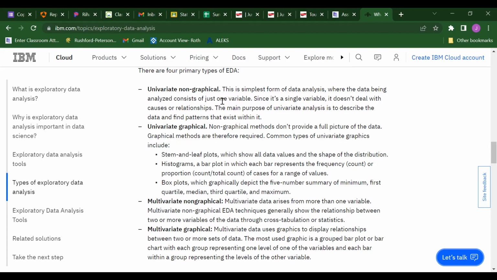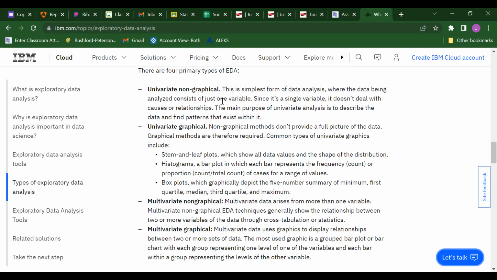Univariate graphical data. Non-graphical methods don't provide a full picture of the data. I know I'm just reading, but I'm kind of summarizing, or I'll try to add on things as I'm reading. Graphical methods are therefore required. Common types of univariate graphics include stem and leaf plots, that's what we're going to look at today. Histograms, which we did yesterday.